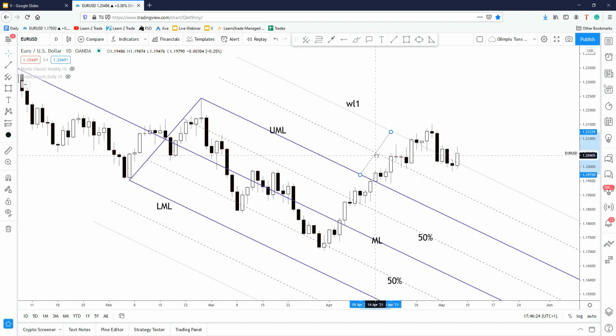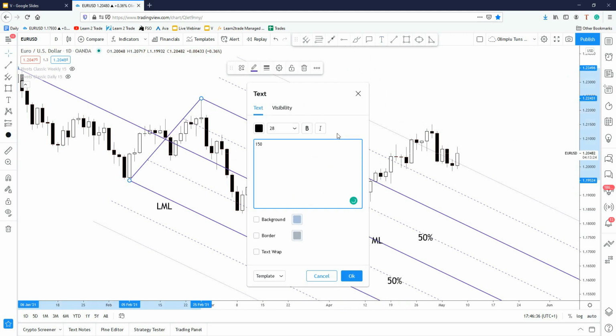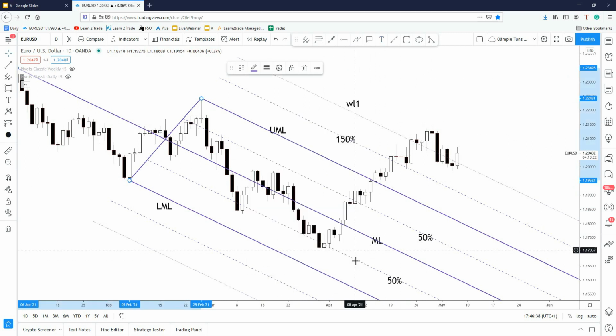Okay, so here we have the first warning line, and at the half of the distance between the upper medium line and the warning line, we'll have the 150% Fibonacci line.